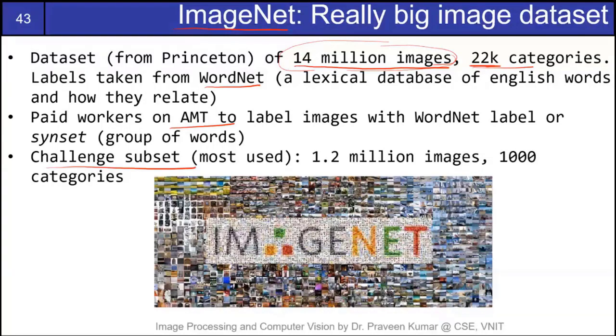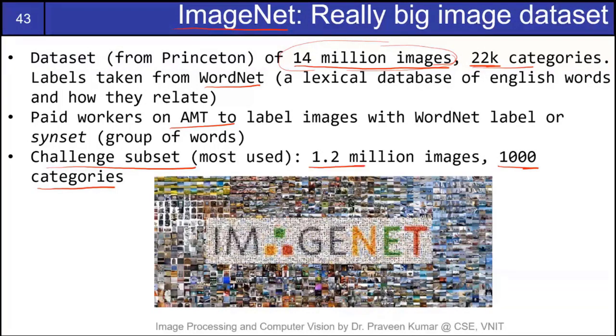So within a particular animal, there is one category of, let us say, dog, and within it there are different hybrids, different categories of dog. So if you take out those distinct categories, that subset, which is mostly used for testing a model, has only 1.2 million images and only 1,000 categories.